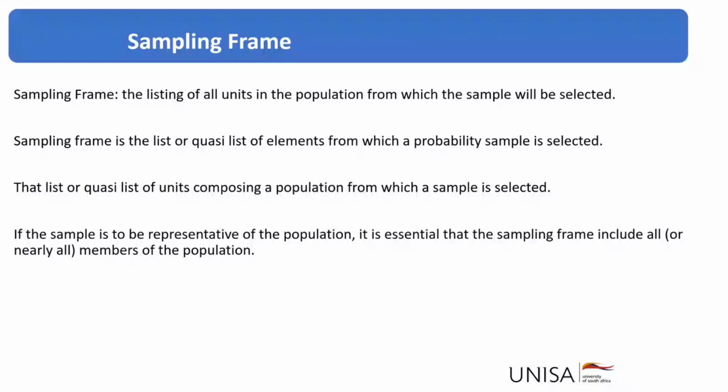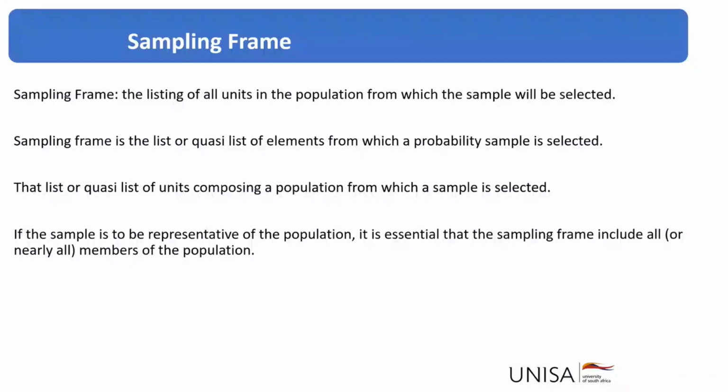A sampling frame is the list, or a quasi list, some kind of your own list, quasi meaning something that looks like a list of elements from which a probability sample is selected.